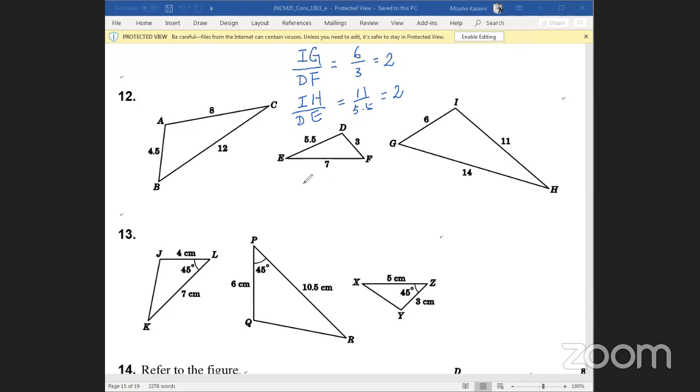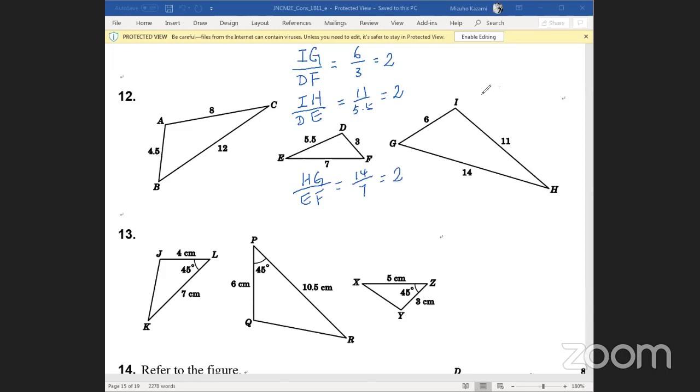I should have HG divided by what? EF, which is 14/7, equals 2.